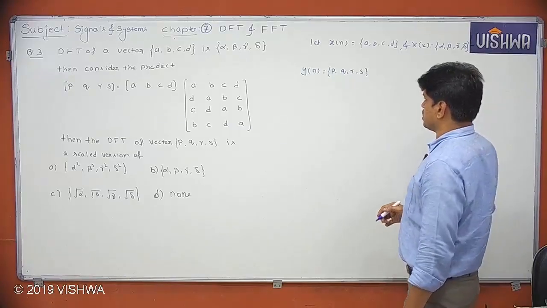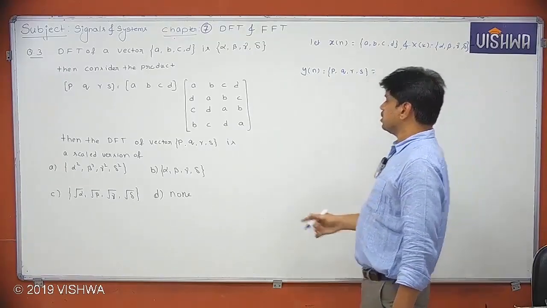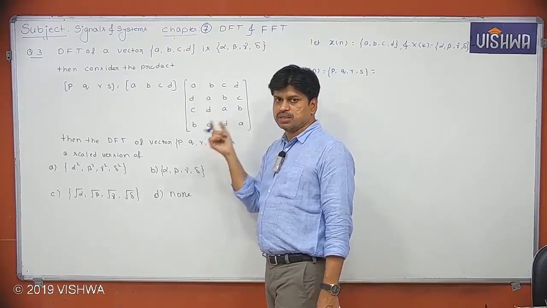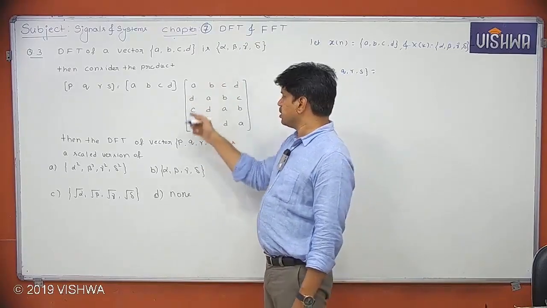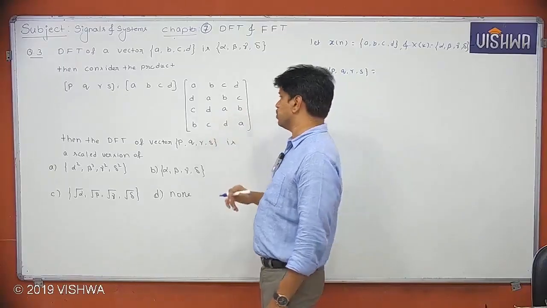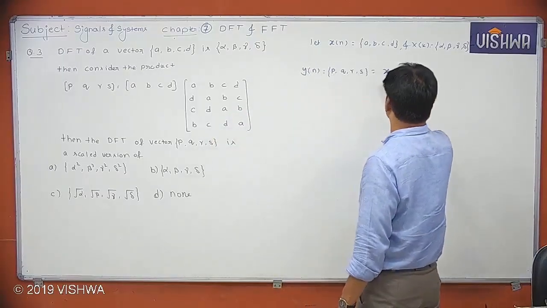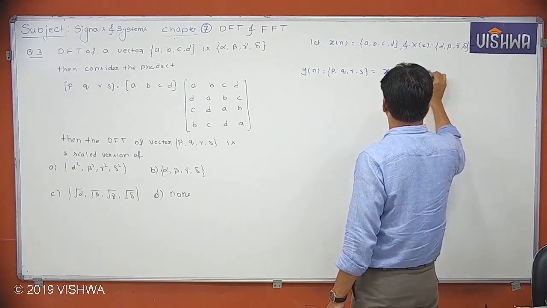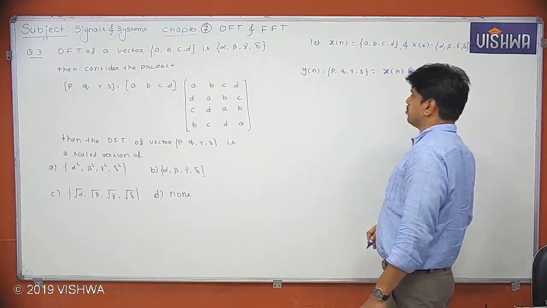If you observe carefully, this matrix multiplication is nothing but circular convolution, because this matrix is a circulant matrix. So I can simply say x of n circular convolution with x of n.